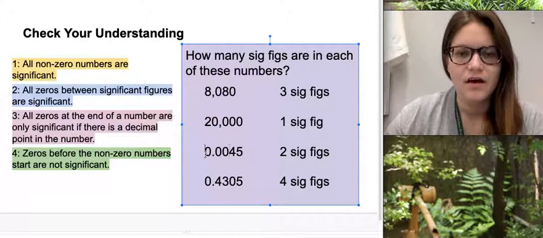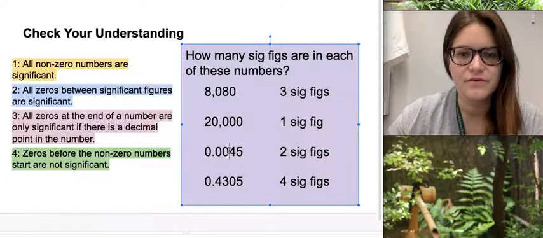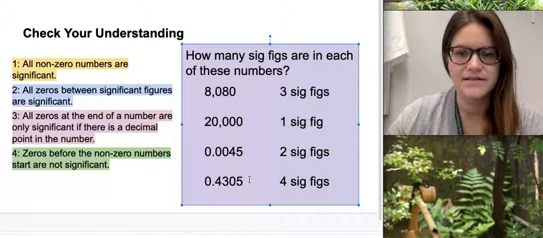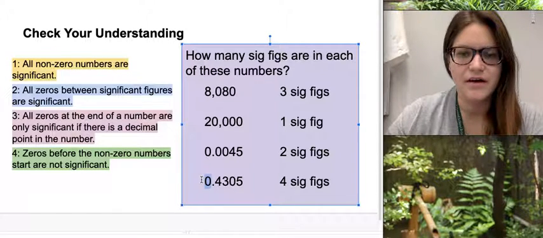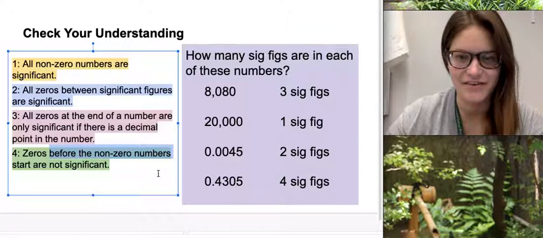This one, all of these zeros that come before the non-zero numbers start are not significant. So none of those 3 zeros are significant. The only 2 significant figures are the 4 and the 5. And in our last example, the 0 that comes before the non-zero number is not considered significant.